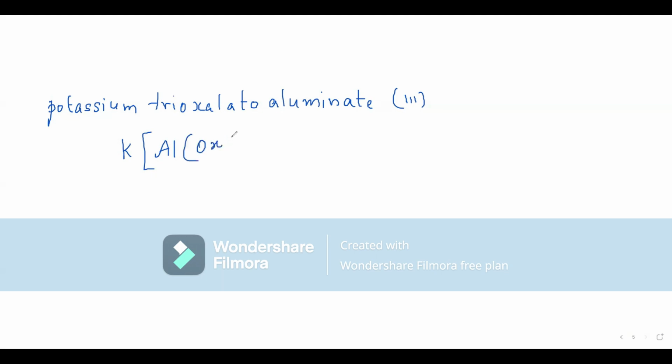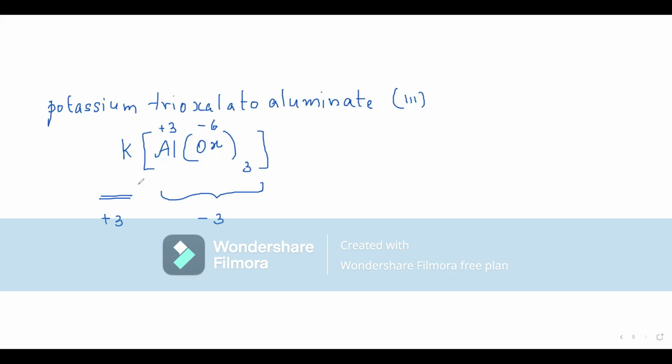Let me write ox, or it is C2O4, ox 3 times. Now this is plus 3. Each oxalato is minus 2, and you have 3 of them, so totally minus 6. The charge within the complex is minus 6. So the charge due to the counter ion should be plus 3.